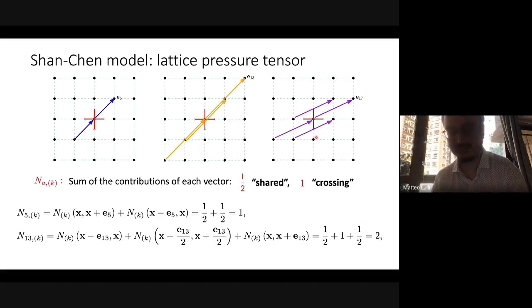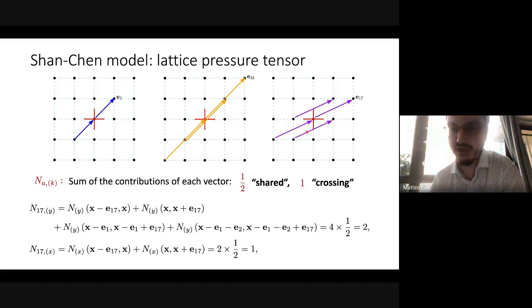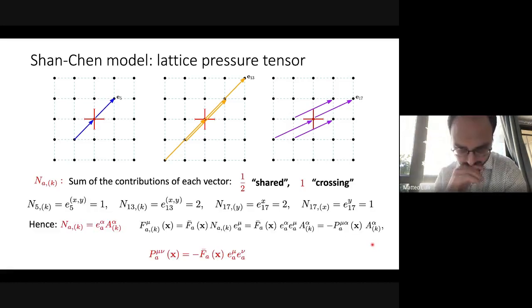For E17, the situation is a little more complicated because we need to distinguish which area element we are considering. For the X area element, we only have these two vectors, so 1/2 plus 1/2. Whereas for the Y area element, we have all of them contributing with 1/2. So the overall contribution is equal to 2.